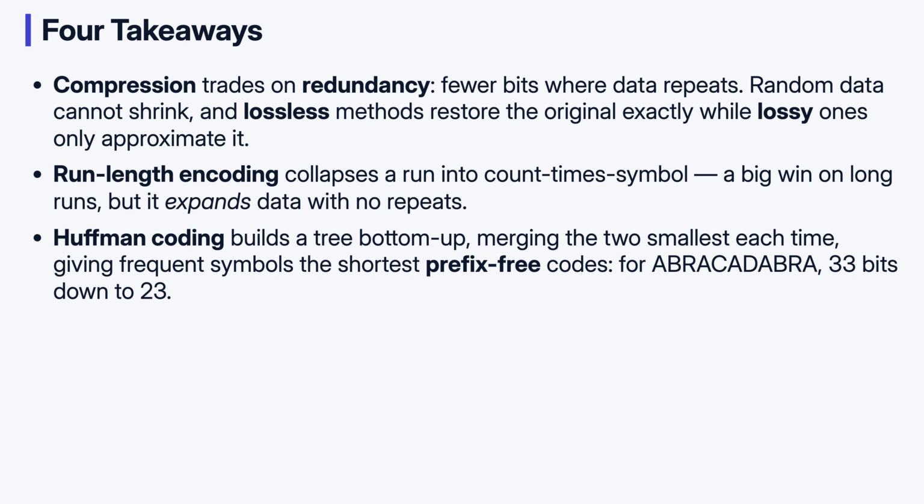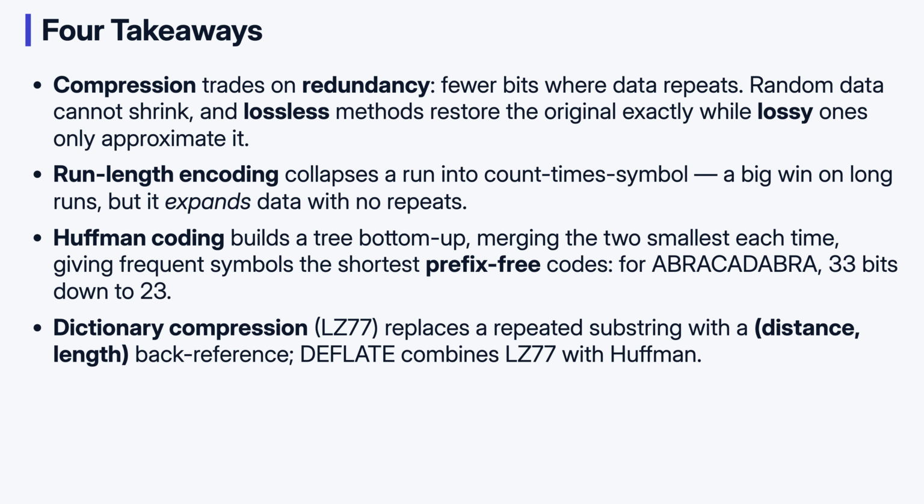Third, Huffman coding builds a tree from the bottom up, merging the 2 smallest nodes each time, and gives frequent symbols the shortest codes. Those codes are prefix-free, so they decode with no separators. For Abracadabra, it took 33 bits down to 23. Fourth, dictionary compression, like LZ77, replaces a repeated substring with a back reference of distance and length.